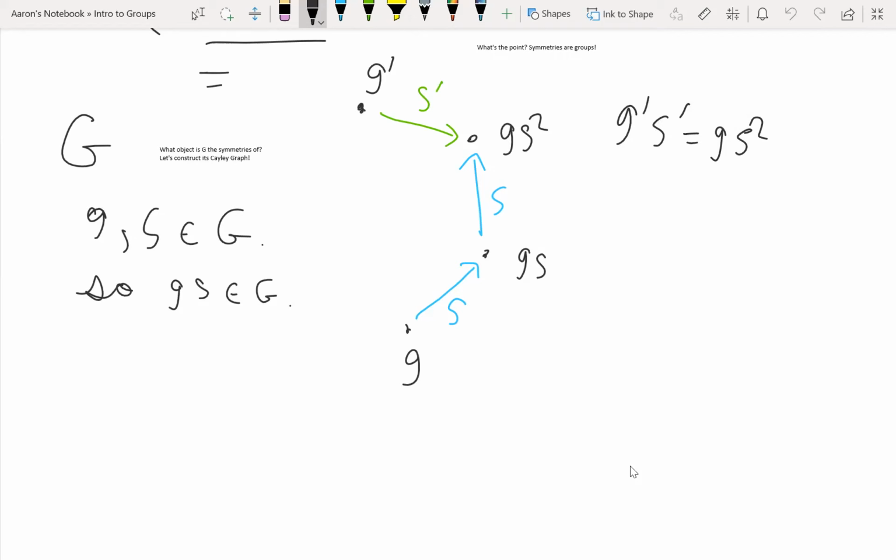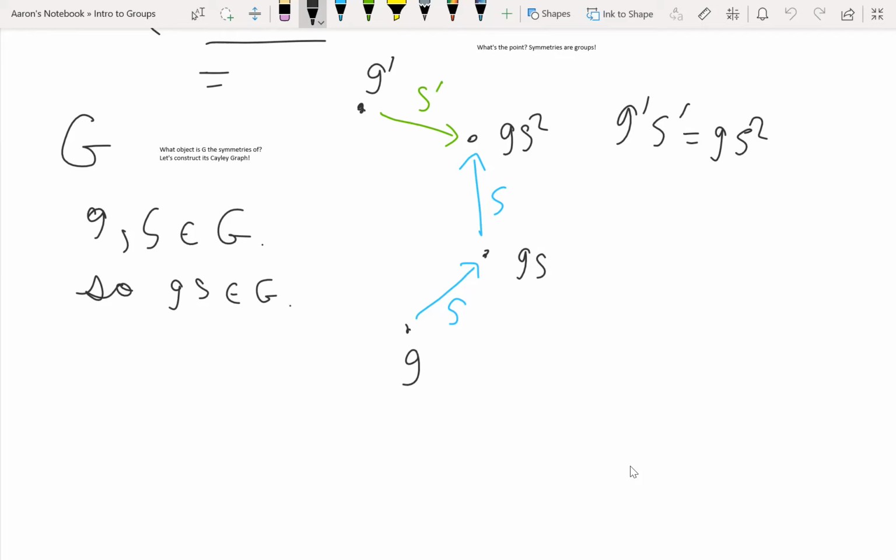And you can have multiple types of these symmetries, right? Exactly. So maybe g is a rotation and f is a rotation, but g prime is a reflection and f prime is a reflection. Then ultimately the composition of some rotations will be some rotation, but the composition of some reflections will also be a rotation.